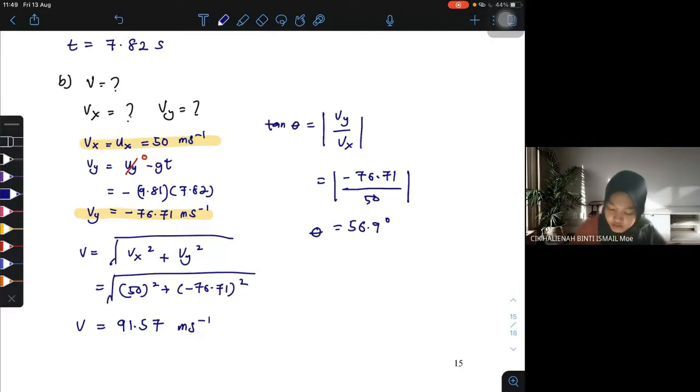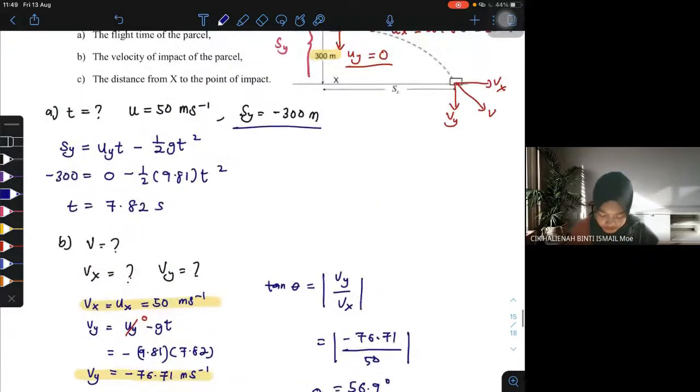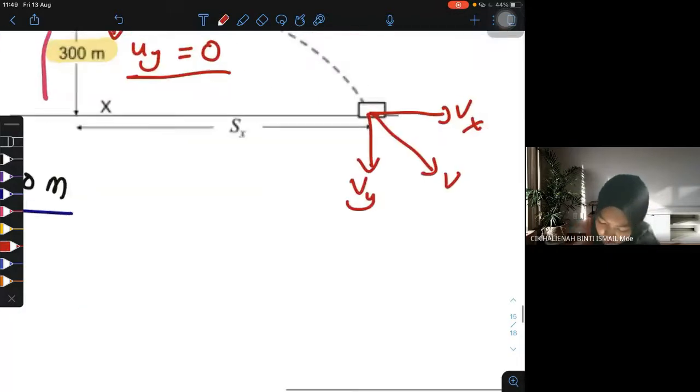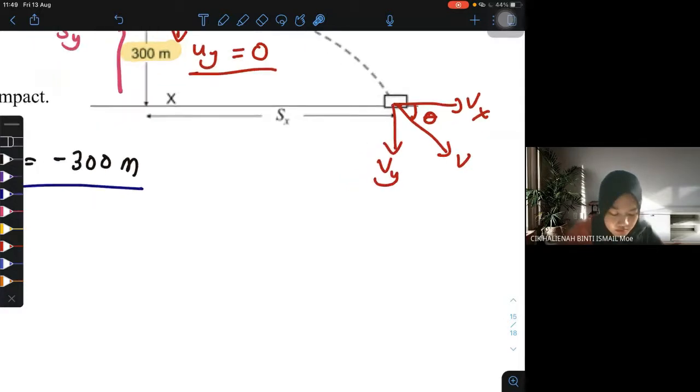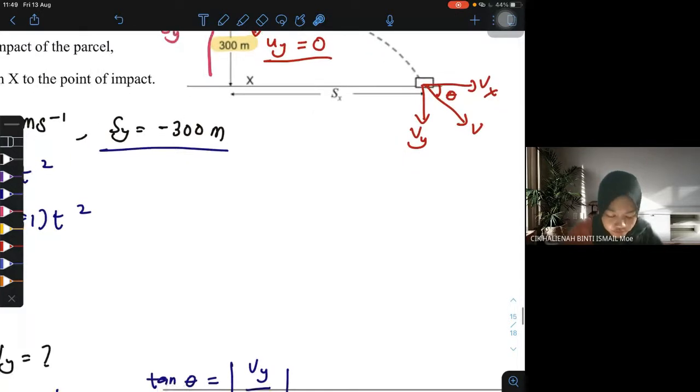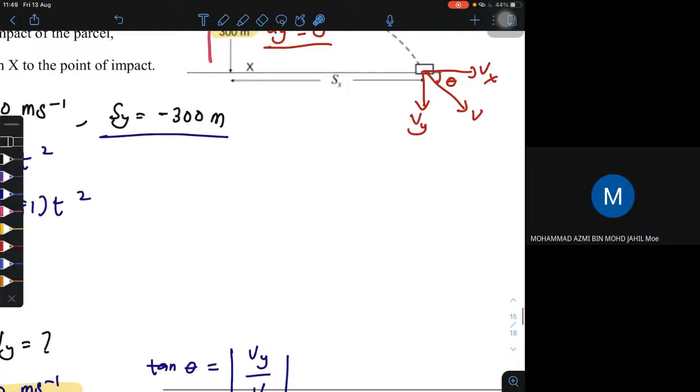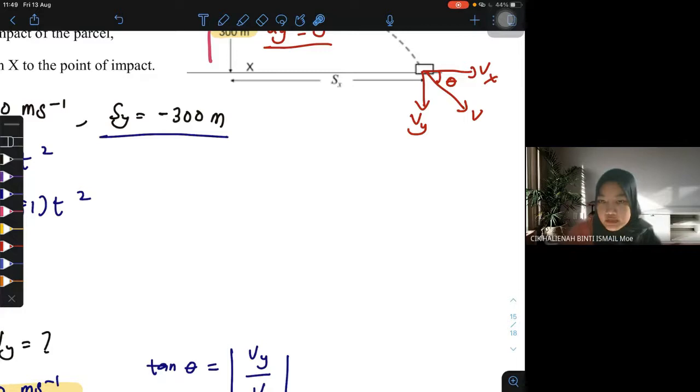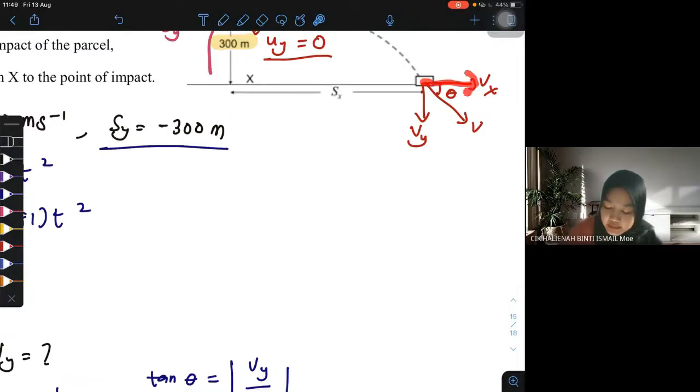Okay, so now angle kita dekat sini. Here, this is the angle, 56.9 degrees. So which position is this? Is it below or above? Below the x-axis. Okay, below the positive x-axis. So mesti include lah positive x-axis. Sebab ni ke kanan kan x-axisnya.